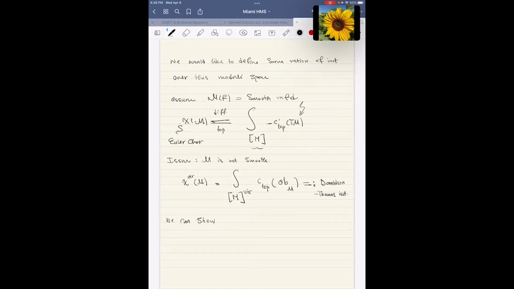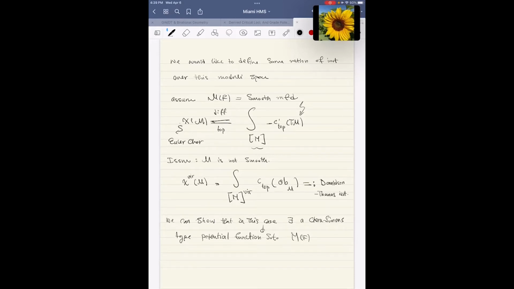You can also show something about the structure of this moduli space. We can also show that, in this case, there exists a Chern-Simons type potential function such that the moduli space of sheaves, as I define, is given by the critical locus of that potential function.